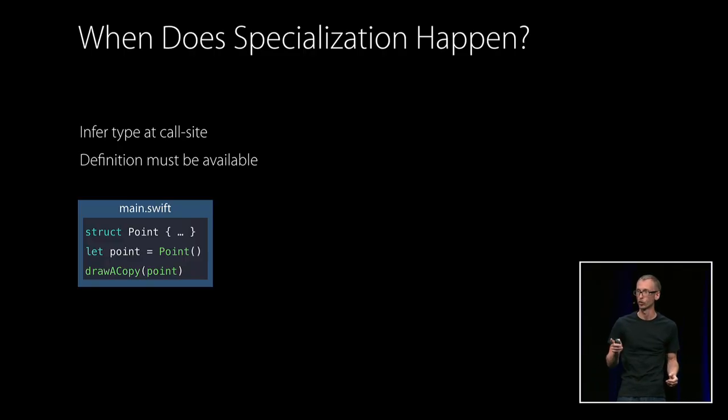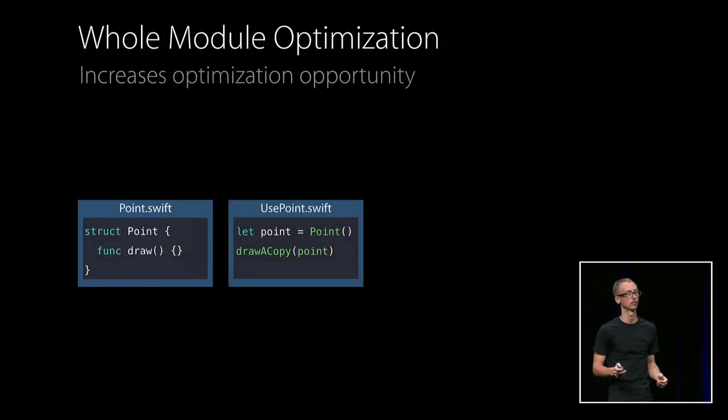This is a place where whole module optimization can greatly improve the optimization opportunity. Let's take a look at why that is. So let's say I've moved the definition of my point into a separate file. Now, if we compile those two files separately, when I come to compile the file usePoint, the definition of my point is no longer available because the compiler has compiled those two files separately.